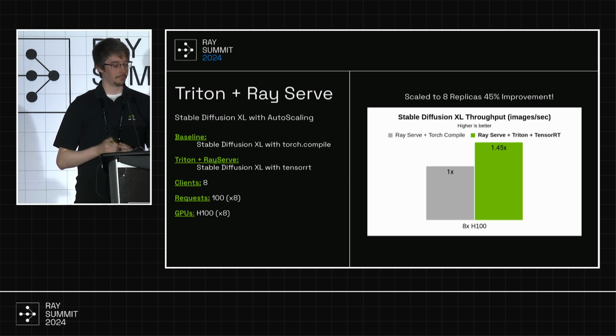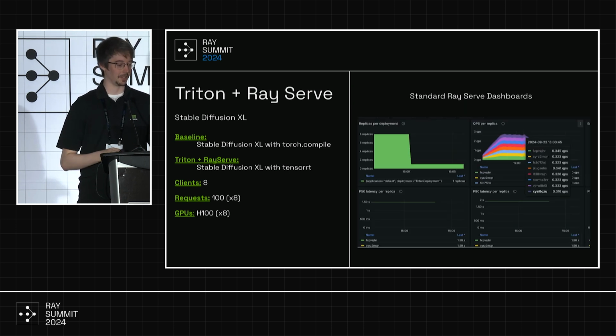Now that you have a deployment, now that you've figured out how to scale and how to integrate these things, how do you observe that deployment? Well, once again, Ray Serve comes to save the day. Ray Serve has the dashboards that many of you are probably familiar with, and it consumes metrics in a Prometheus format. And if you remember, Triton has those metrics. Triton also exposes custom metrics if you'd like to add your own to your business logic or to your model.